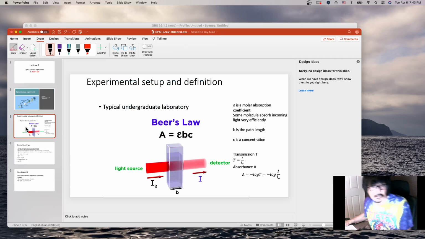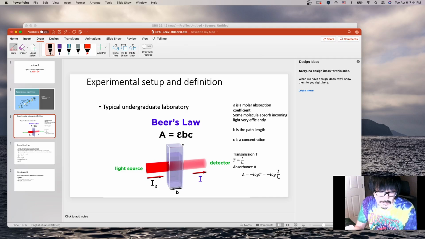So to summarize all of this, somebody named Beer and maybe Lambert produced Beer's law, and it says that absorbance is equal to epsilon b times c. The b is the path length, c is the concentration, and epsilon is the value that's associated with the molecule.